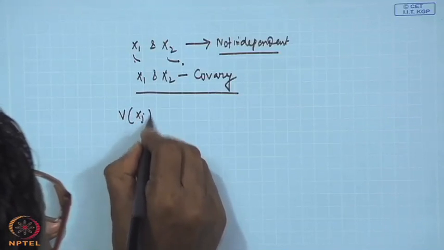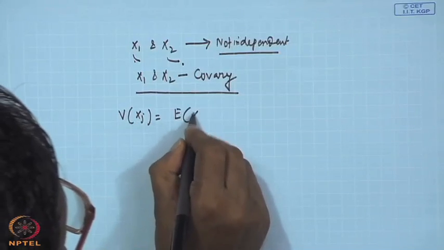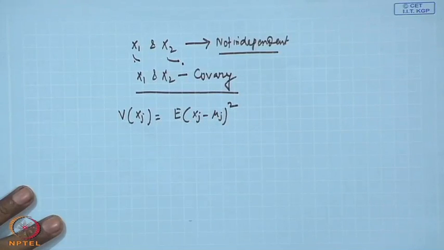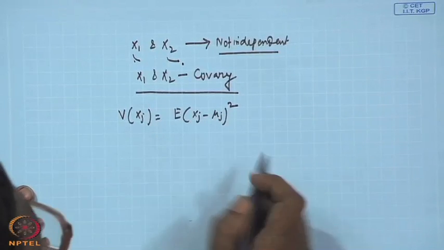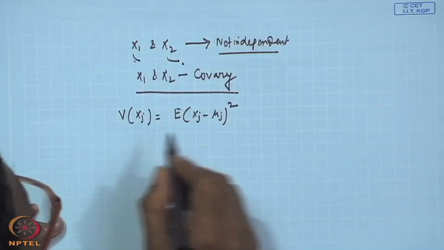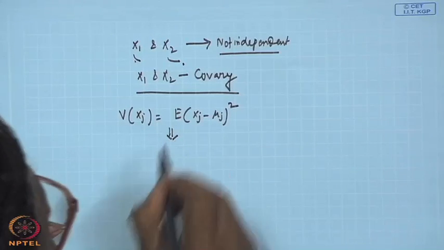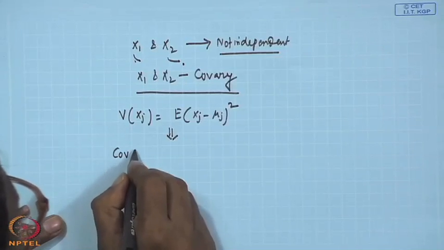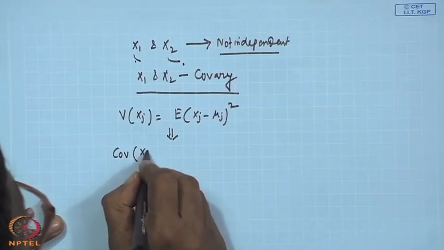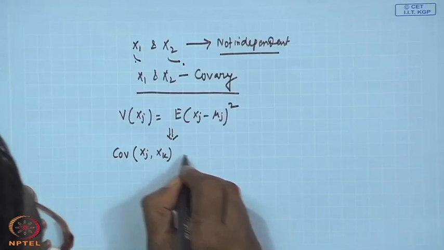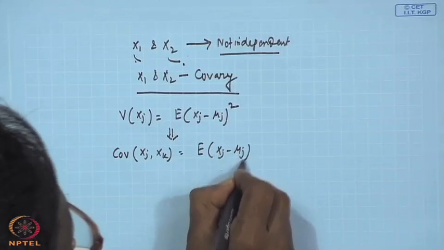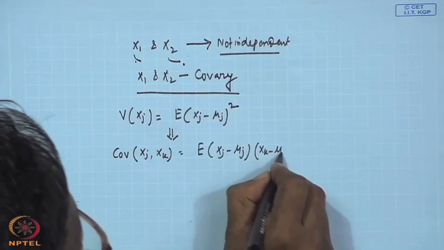Now I will write again the variance of xj: the expected value of (xj minus mu j) square. With a little manipulation, there is a formulation called the covariance between xj and xk: the expected value of (xj minus mu j) into (xk minus mu k).